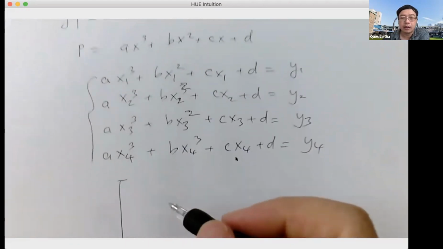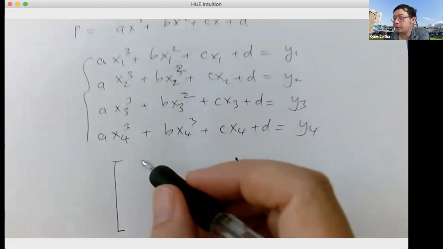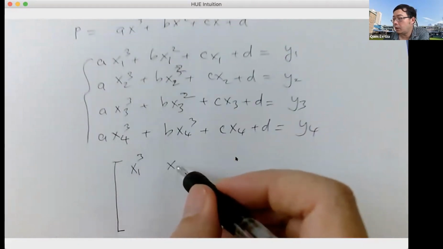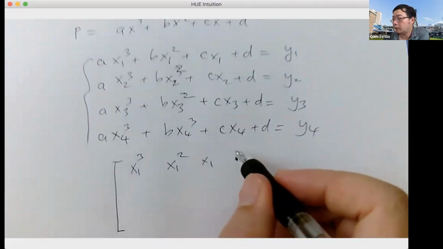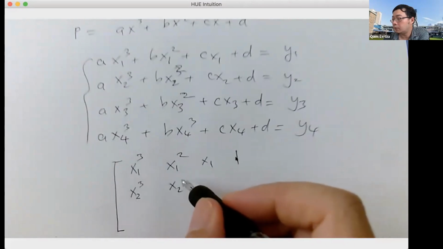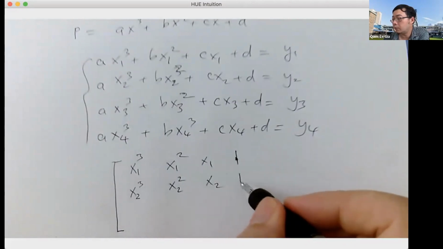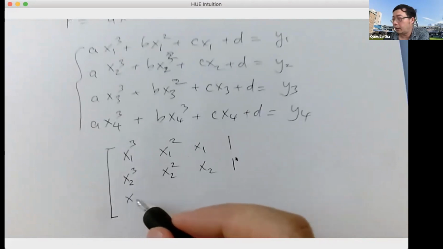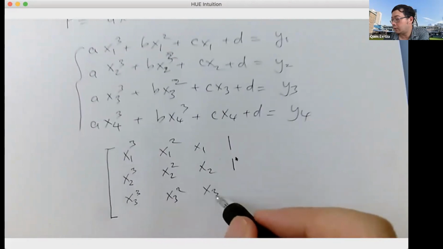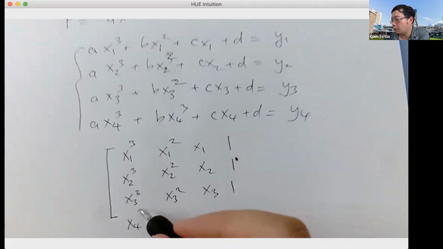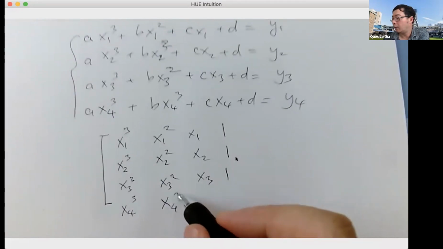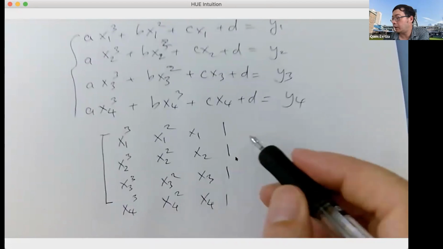In MATLAB, in a linear system you just put in the matrix. So this one is a matrix like this: x1 cubed, x1 squared, x1 and 1; x2 cubed, x2 squared, x2 and 1; x3 cubed, x3 squared, x3 and 1; then x4 cubed, x4 squared, x4 and 1, right?